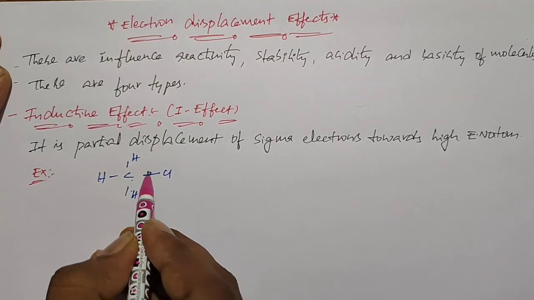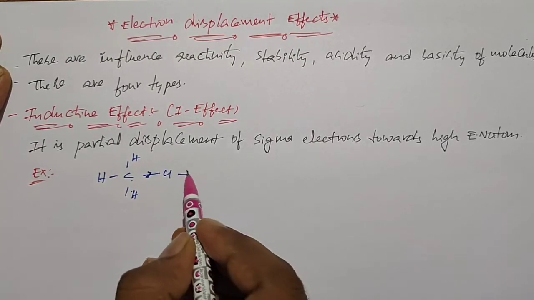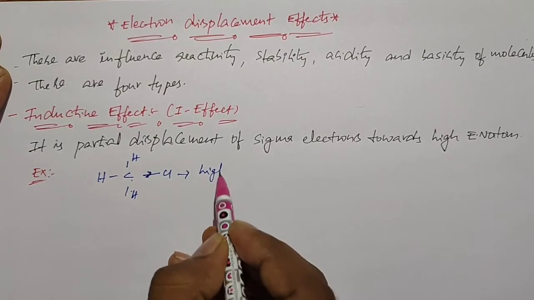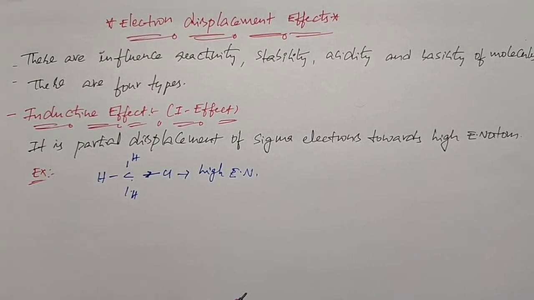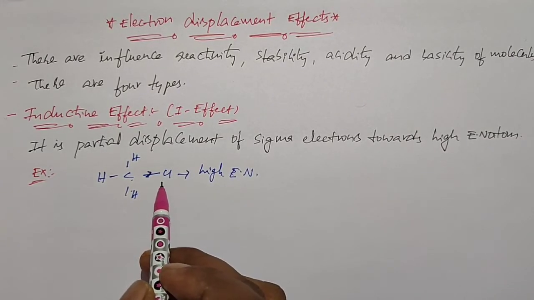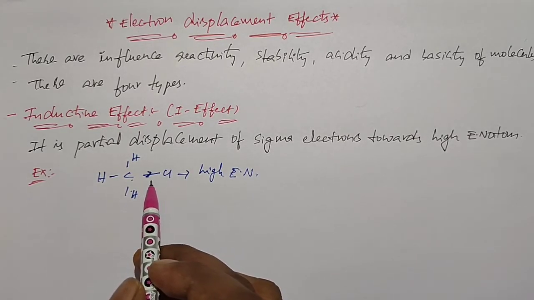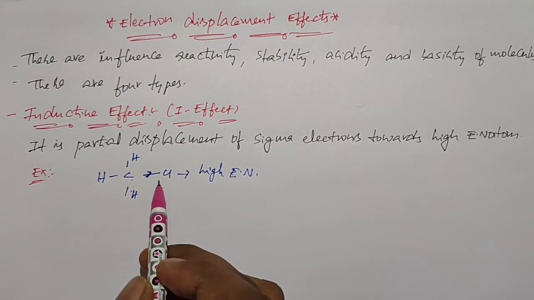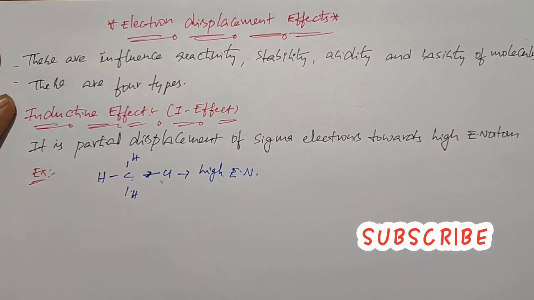So the inductive effect shows in the direction of the high electronegative atom. Due to the high electronegativity of chlorine, the sigma electrons move towards the chlorine. We call this the inductive effect. It is a permanent effect and it is a partial effect.